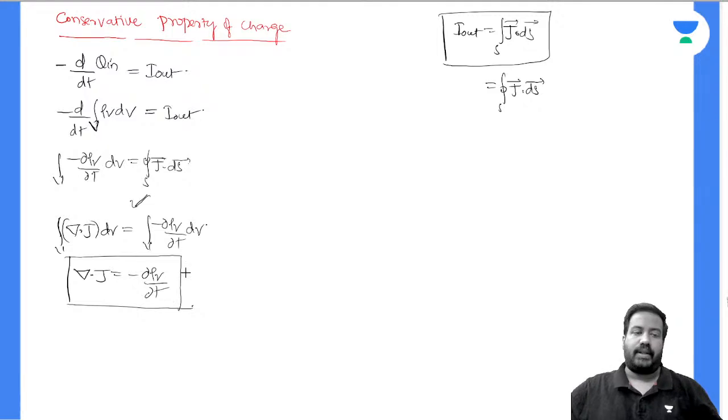It's called the continuity equation. This is from the conservative property of charge.